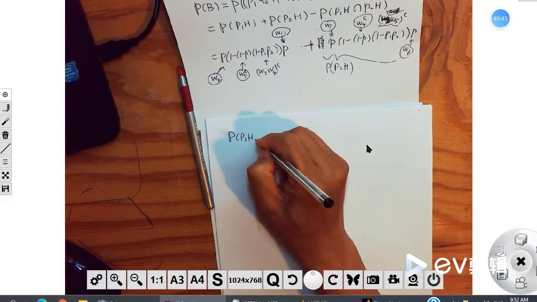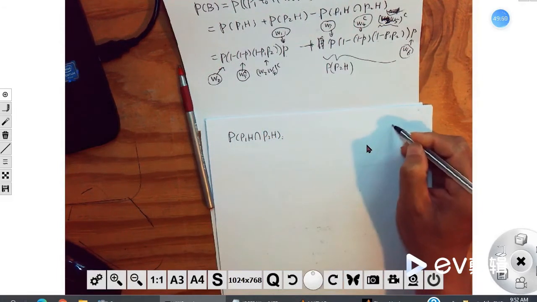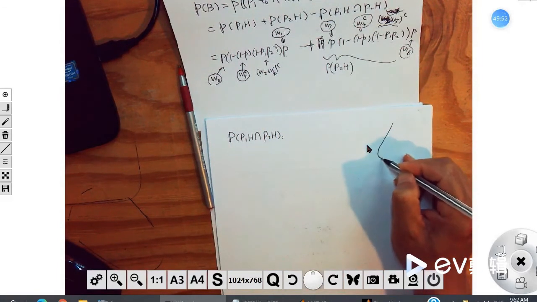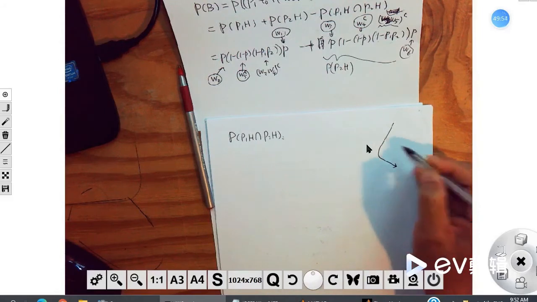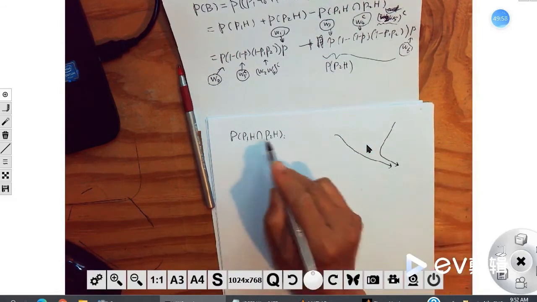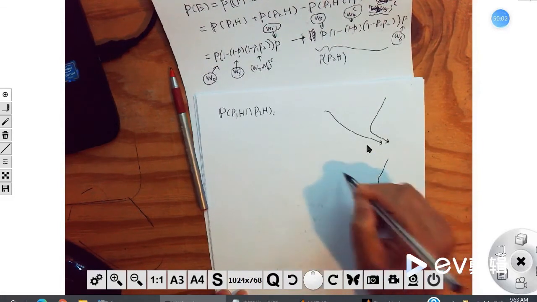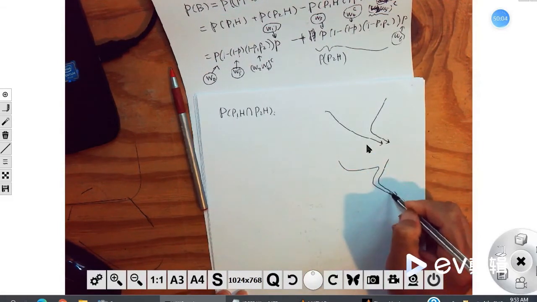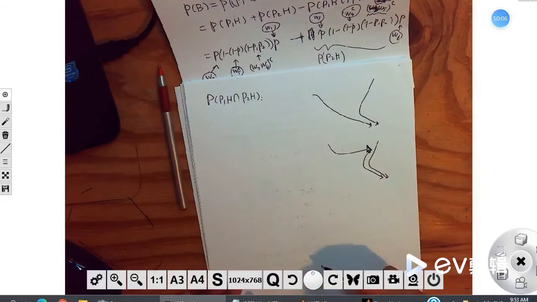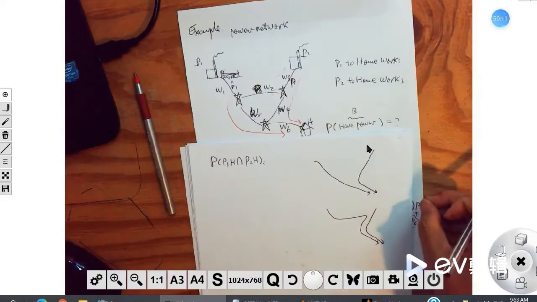P1H and P2H. We have this is 1. It works. And this one. So this is both works, right? And this also both works. Right? The whole table is here.